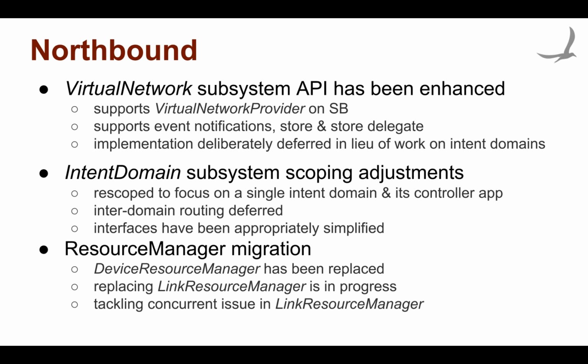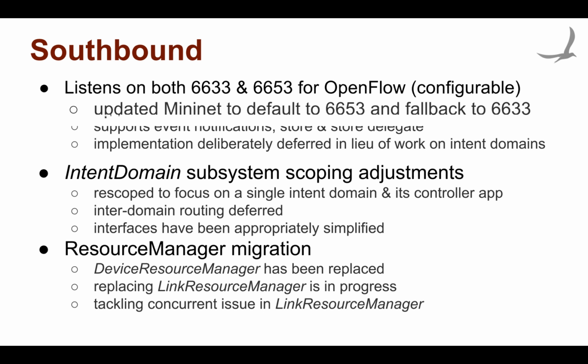Okay. Well, why don't I take this, and if he joins, he can correct me. On the northbound side, first of all, we continued the incubation of the virtual network subsystem beyond what was done in Drake.